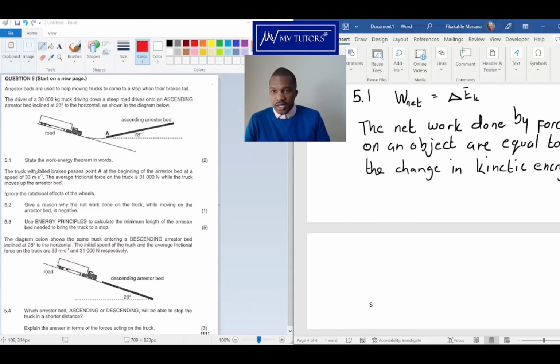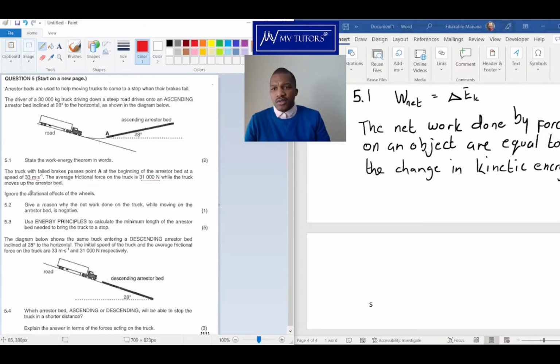It says the truck with failed brakes passes point A, at the beginning of the arrestor bed, at a speed of 33 meters per second. That's important. The average frictional force on the truck is 31,000 newtons while the truck moves up the arrestor bed.